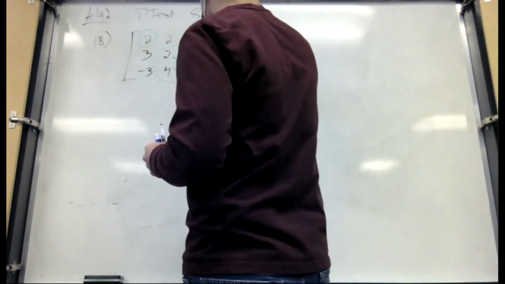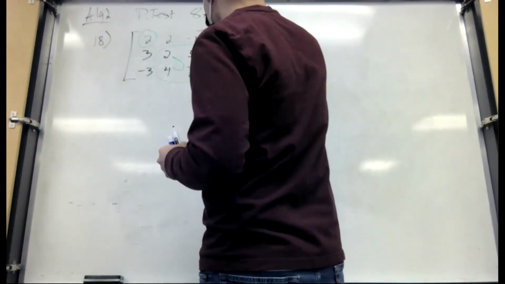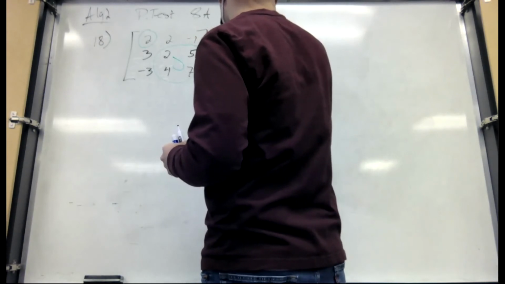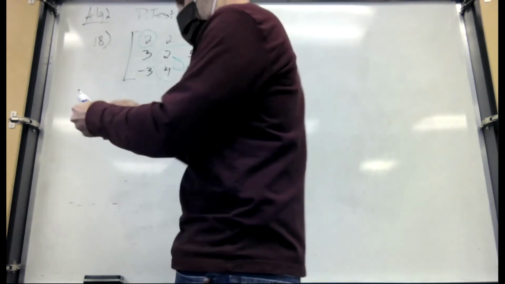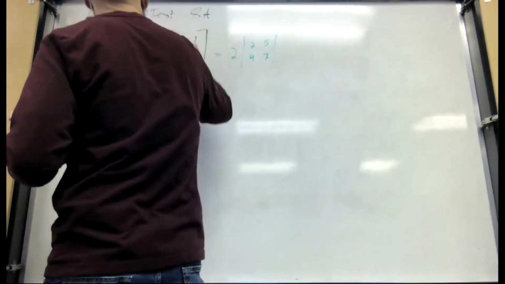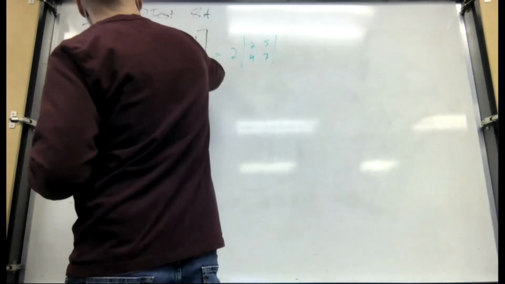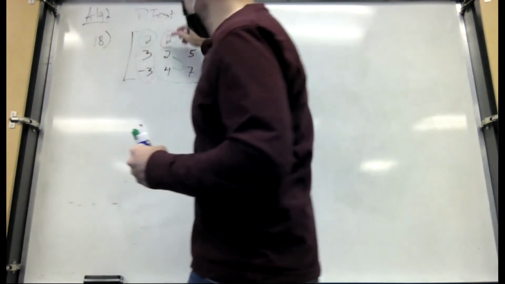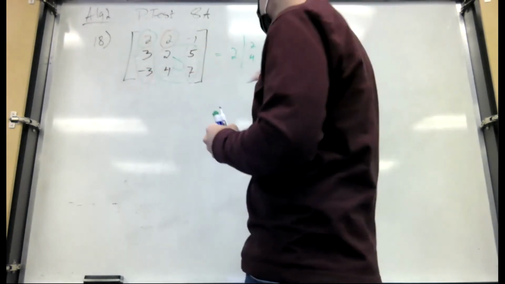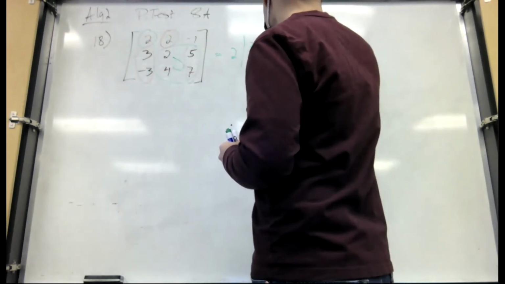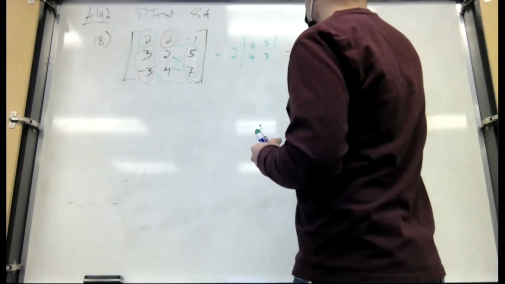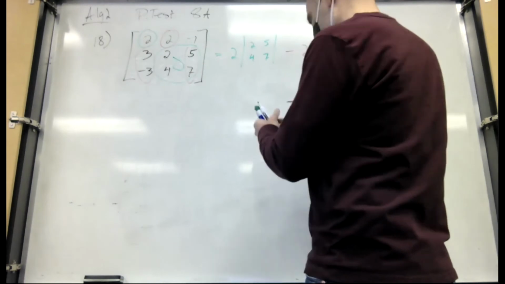So it's 2 times this determinant, let's just write it out. And then you got this 2 times this matrix, right? Because when you eliminate this column and this row, you're left with this 2 by 2 matrix, but you're subtracting this, so it's -2 times the determinant of the 3, 5, -3, 7 matrix.